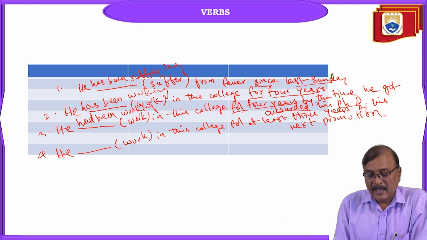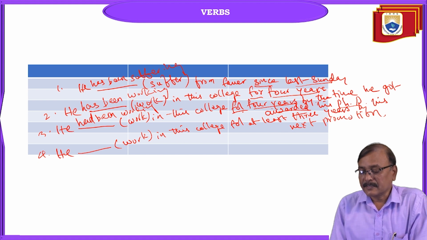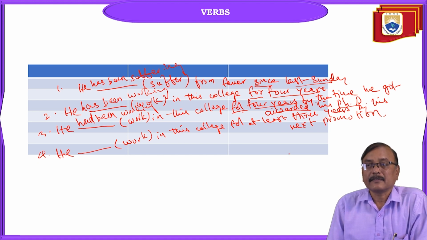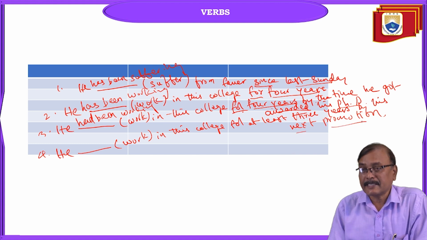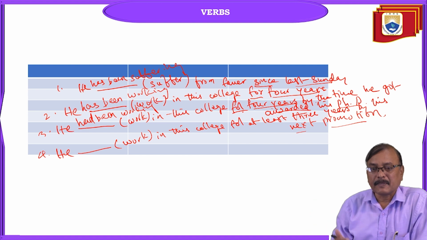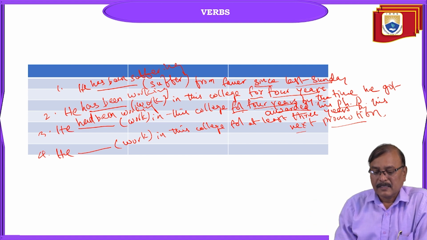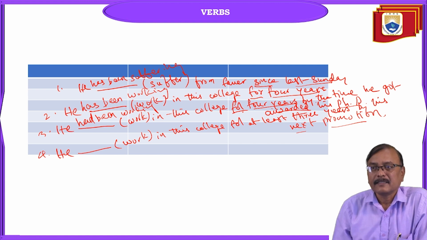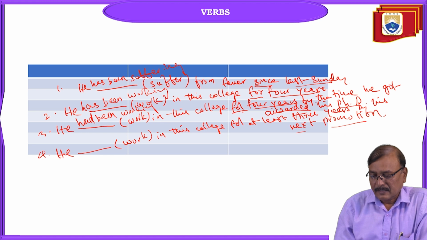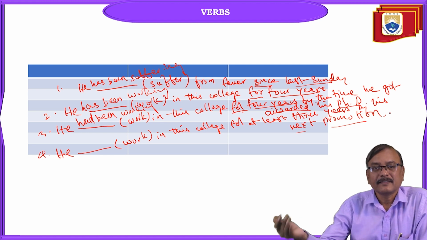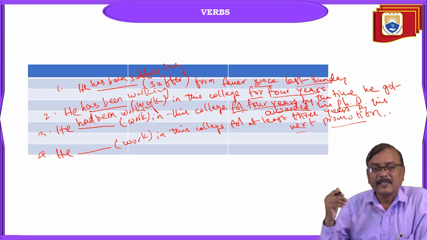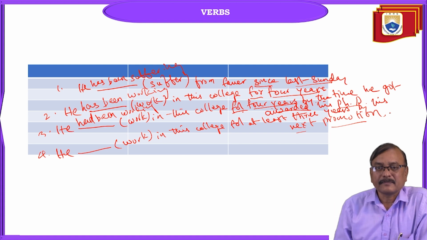Next, he dash work in this college for at least 3 years, by his next promotion. Next means future only. By his next promotion. So next here always indicates future, like next Friday. Is it clear? Next promotion, as what is that here, HOD or any special promotion.